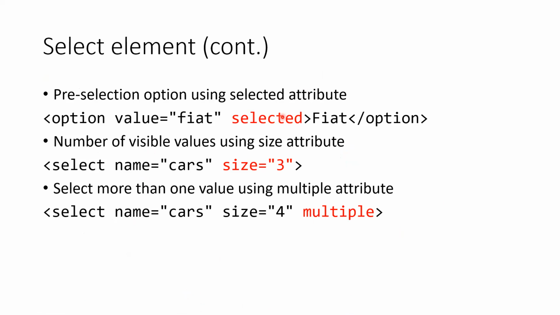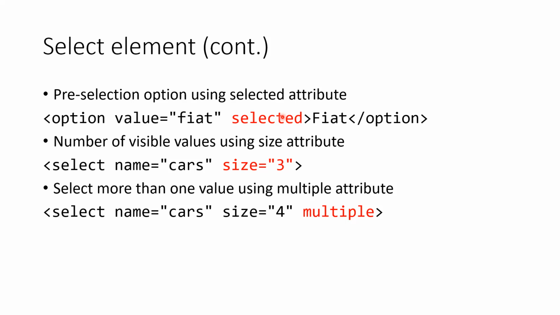Okay, so with the options, you can select couple of things. For example, if you say option value fiat selected, which means it will pre-select. Otherwise, user has to manually select. So if you want to select the fiat as a default value, then you should say that. Number of visible values, you can set the size, right?